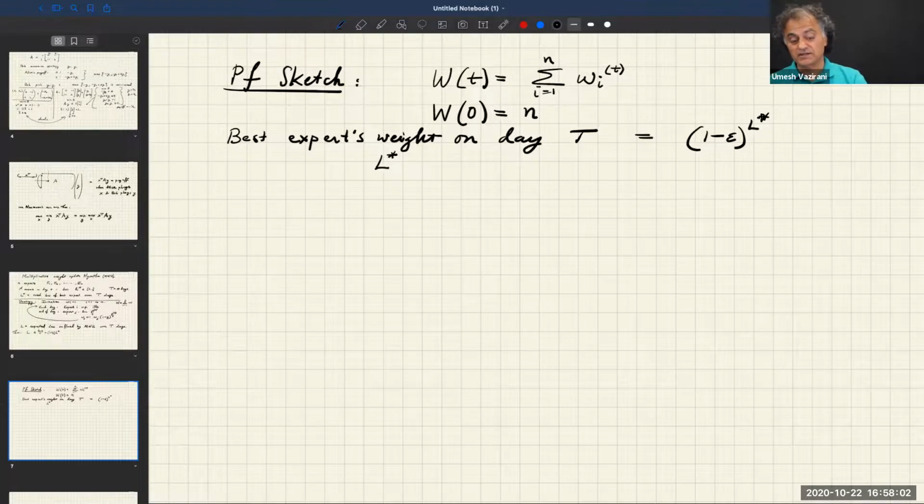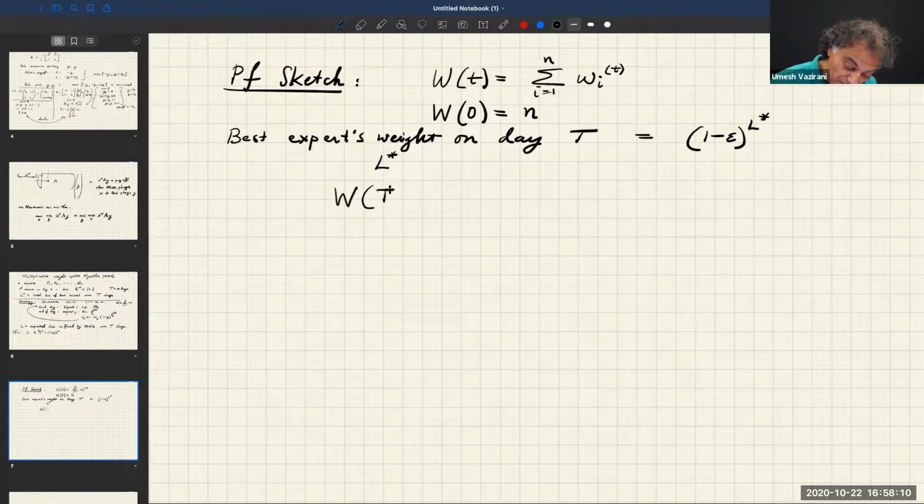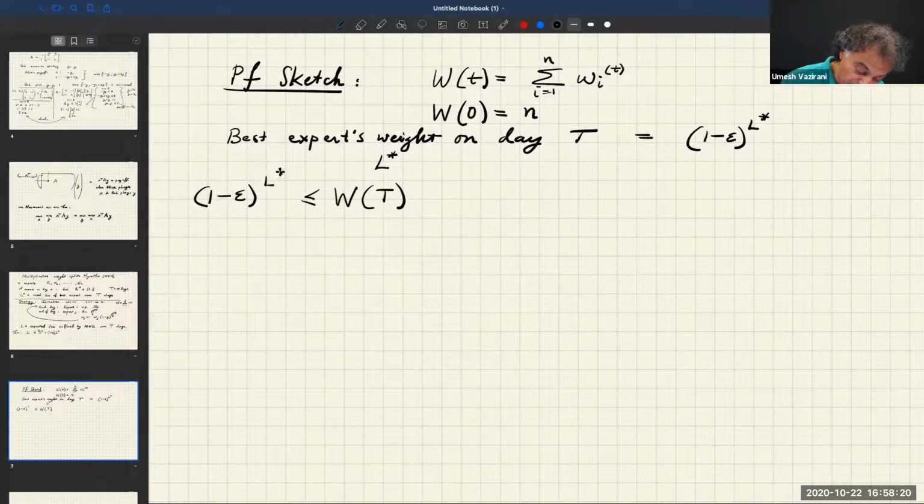And so one thing we can say for sure is if we look at the total weight of all the experts on the last day, it must be at least (1 minus epsilon) to the power of L star. That's clear, right? Because one of the experts has that weight.